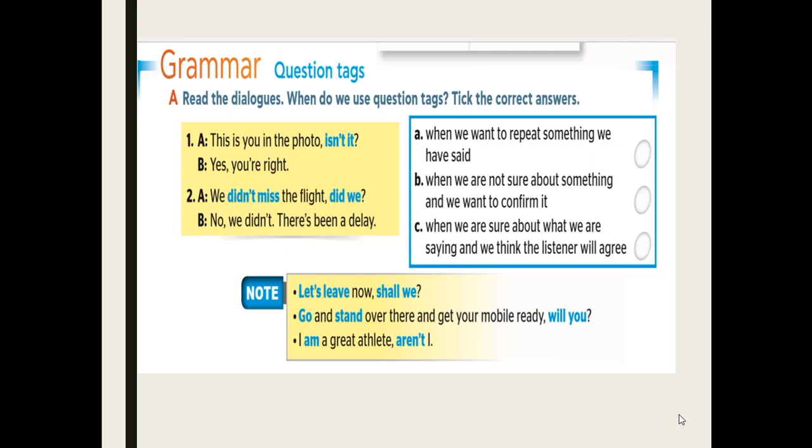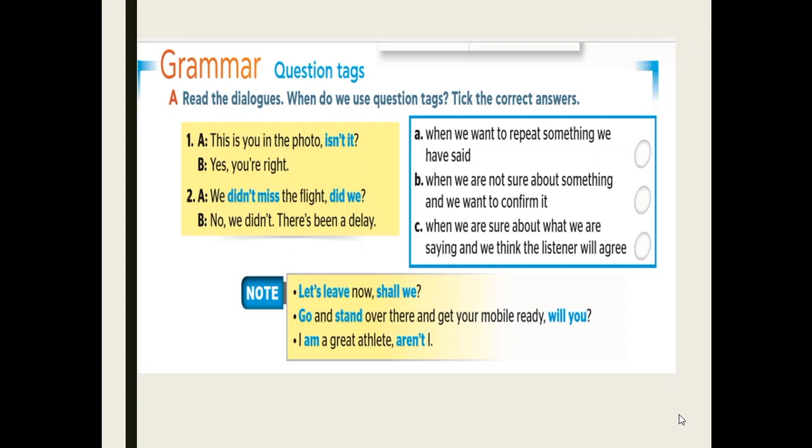Look, if the main part of the sentence is positive, look at the second part. The second part is negative. This is your photo, isn't it? Compare. This is your photo, isn't it? Okay, yes, you're right. We didn't miss the flight.